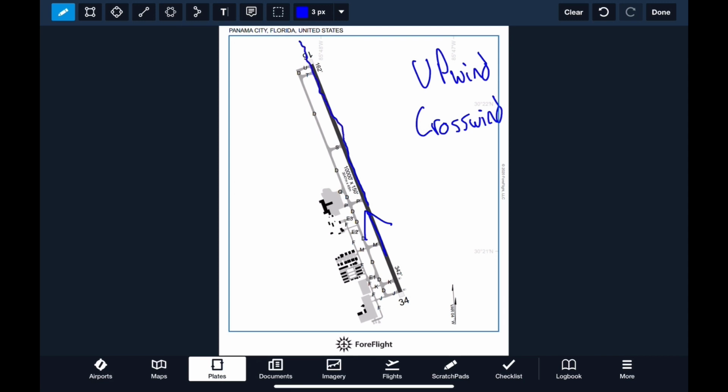As it's taking off and continuing to climb out from the runway itself, on runway 34 again, it is on the upwind leg. That's simply when the plane is taking off and it's continuing straight past the runway.